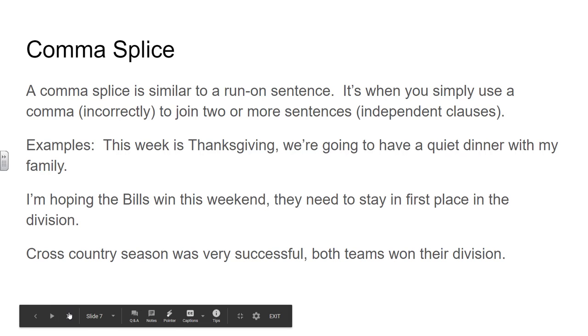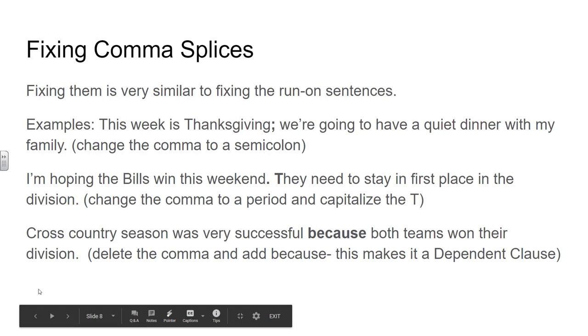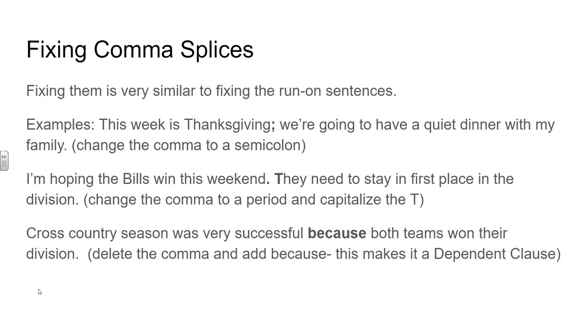Again, fixing them is similar to fixing run-ons. The first example, this week is Thanksgiving, semicolon. We're going to have a quiet dinner with my family. Because there's no conjunction, the semicolon makes it correct. Second way, I'm hoping the Bills win this weekend, period. Capital T. They need to stay in first place in the division. We change the comma to a period and capitalize the T. Now we have two different independent clauses.